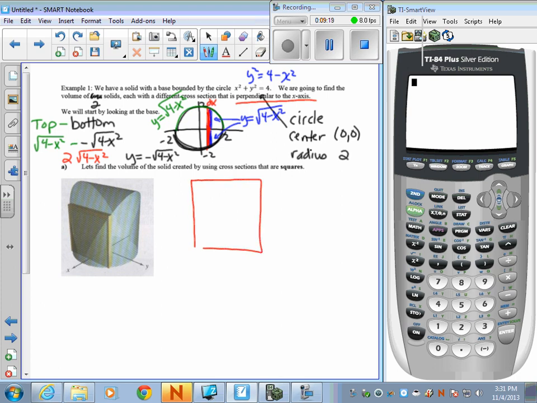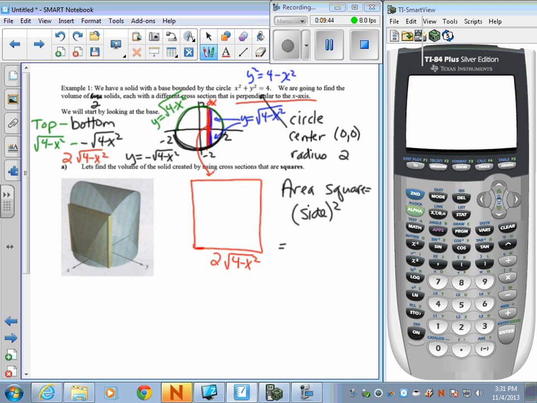So I have a square, and I know how long each side of my square is, because this side of my square is that. And I know that is 2 square root of 4 minus x squared. So to find the area of the base, I know the area of a square, which is the shape of my base, is side squared.